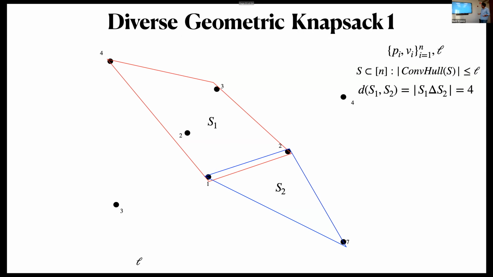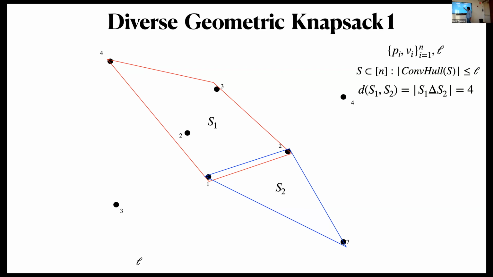Solutions to this problem will look different if they enclose a different set of points. I don't really care about the boundary, what I really care about is the subset of points that I'm getting from different solutions.